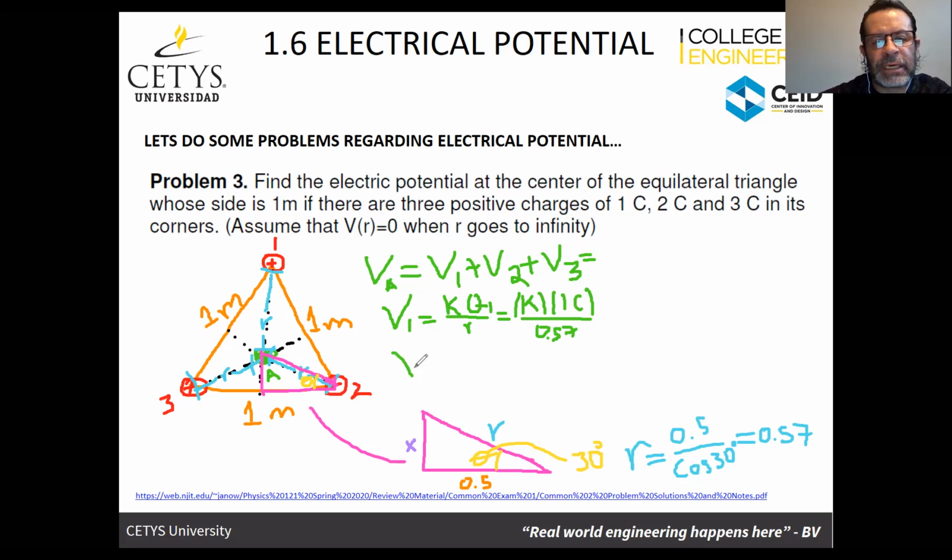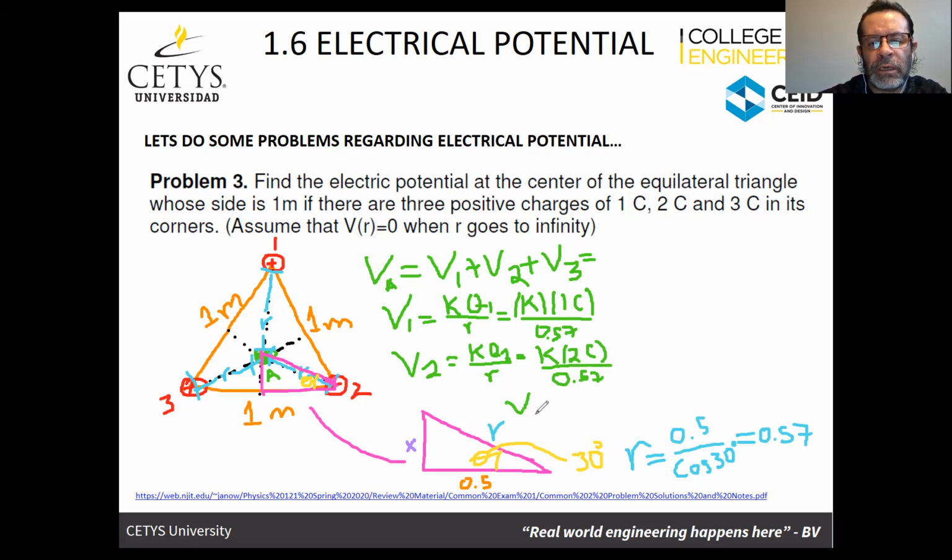V2 is going to be exactly the same thing, but instead of having Q1, it's going to be Q2. And Q2 is 2 coulombs divided by 0.57.